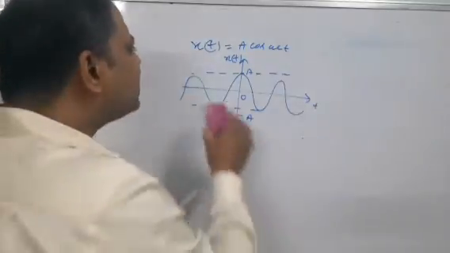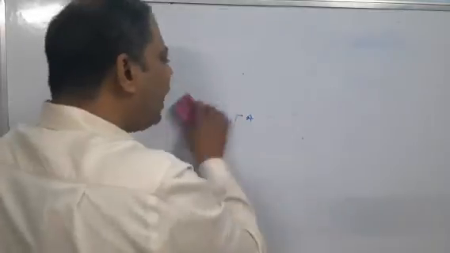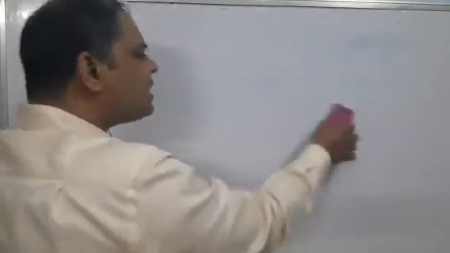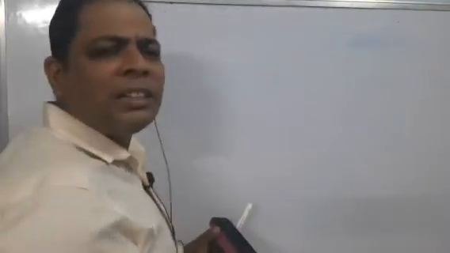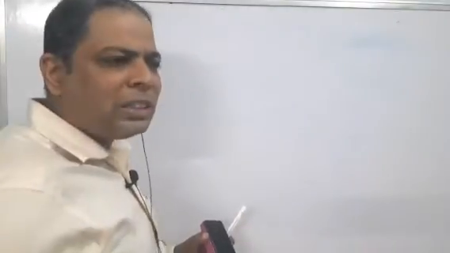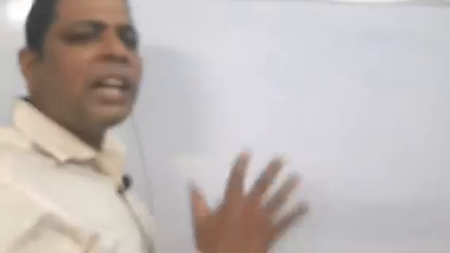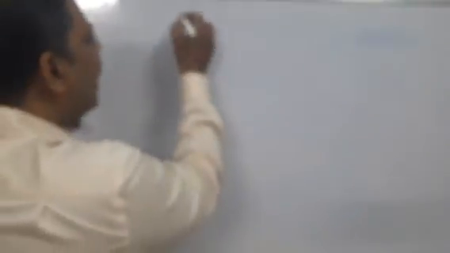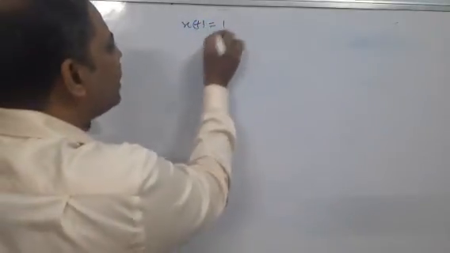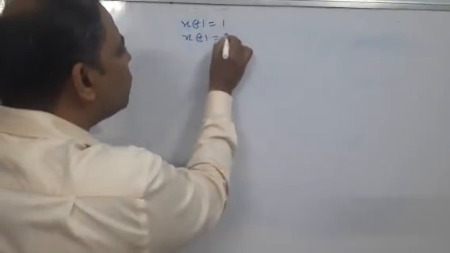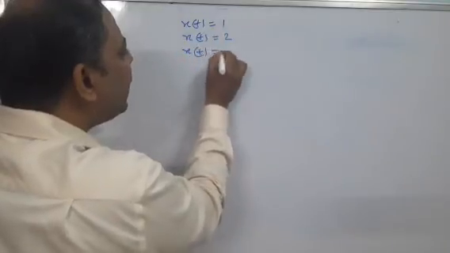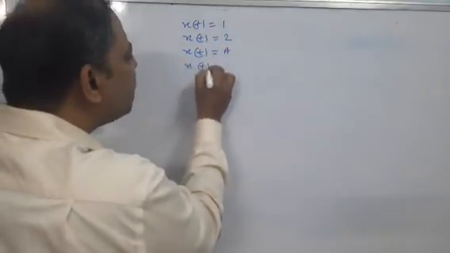Understood? So that means many signals I have plotted. These are just the fundamental signals. These signals you must know. These are the minimum signals you must know, and the plots you must understand and remember also for the future application of the signal system topic. That means what I have covered in the sketch: x(t) is equal to 1, x(t) is equal to 2, or x(t) is equal to A. Then I have covered x(t) is equal to t.